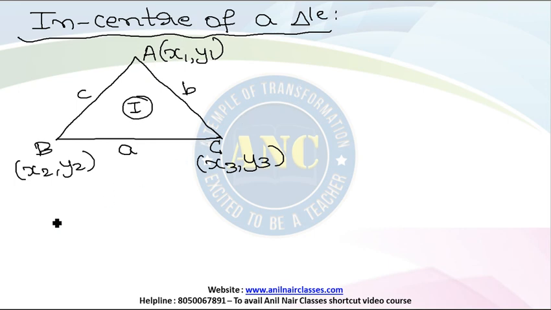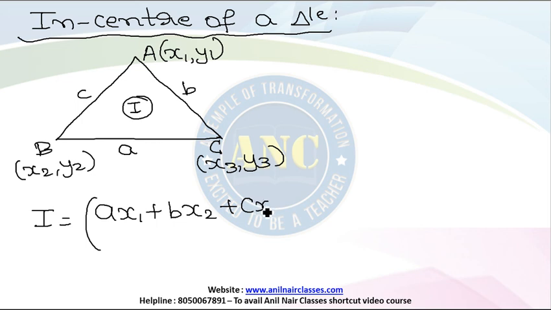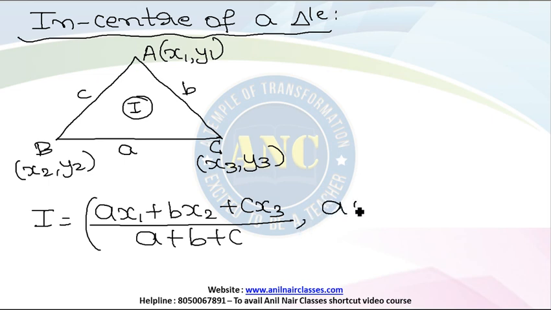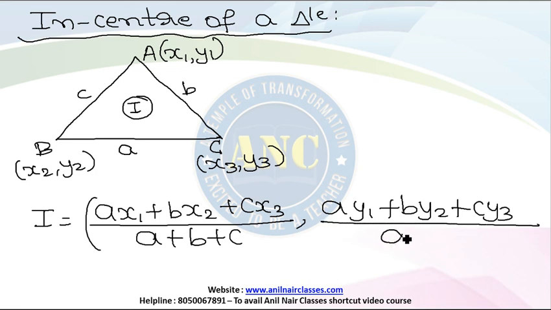In center, directly I will give the notation, it is given by ax1 plus bx2 plus cx3 divided by a plus b plus c, comma ay1 plus by2 plus cy3 divided by a plus b plus c.